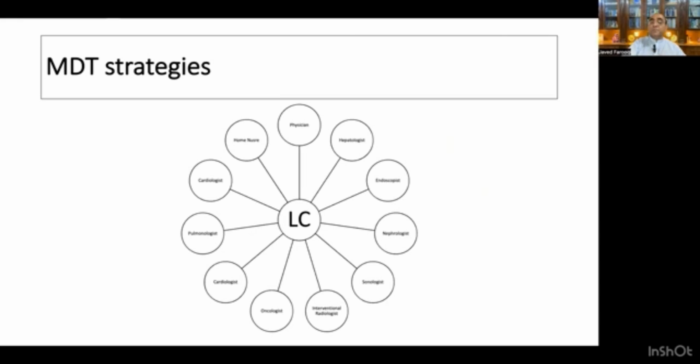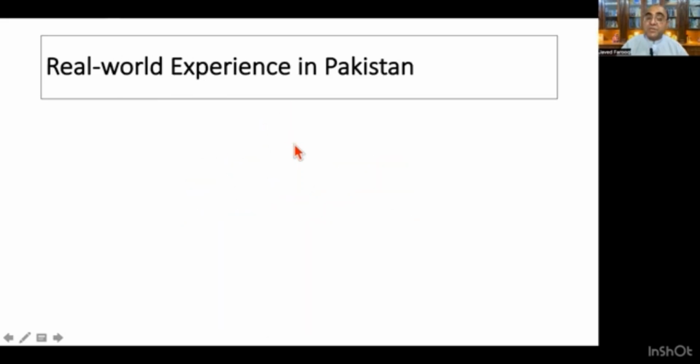A lot of people are involved in this team: the physicians, hepatologists, endoscopists, nephrologists, sonologists, interventional radiologists, oncologists, cardiologists, pulmonologists, and the home nurse. All these are important in the MDT approach for these patients.